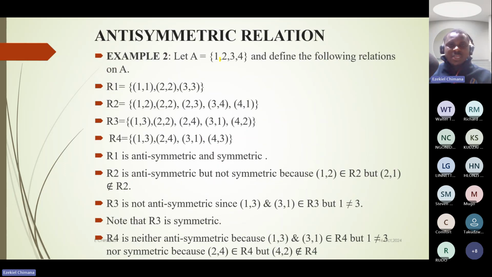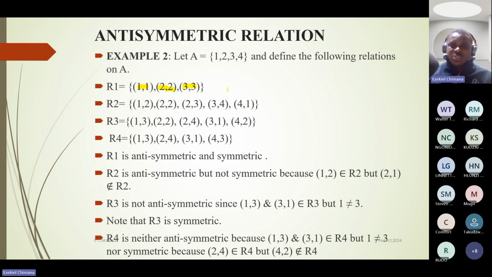So let's look at these relations on the set {1, 2, 3, 4}, and let's qualify them as antisymmetric relations or not. Let's look at R1. Is R1 antisymmetric? We have got (1, 1), (2, 2), (3, 3). R1 is antisymmetric because we have a (1, 1) and a (2, 2) and a (3, 3).